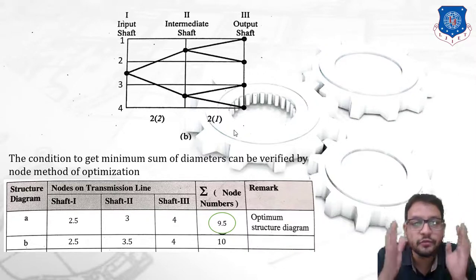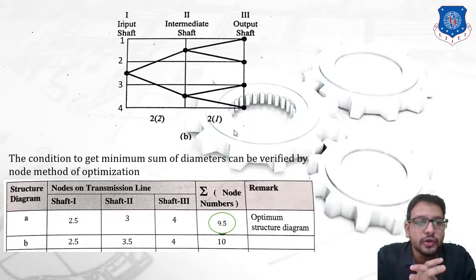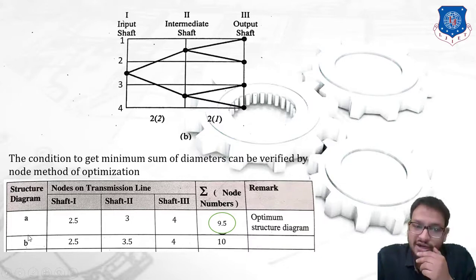Now we need to determine which is the best layout. As the condition mentioned in the question, a condition to get a minimum sum of diameters can be verified by the node method of optimization. As you can see, I have shown a table of the two diagrams. The first column is the structural diagram, the second is the node on the transmission line representing shaft 1, shaft 2, shaft 3, and the third represents the summation of node numbers.